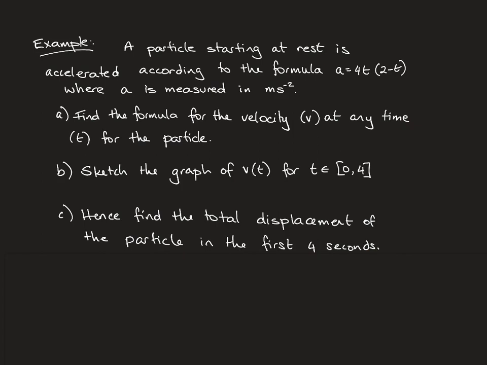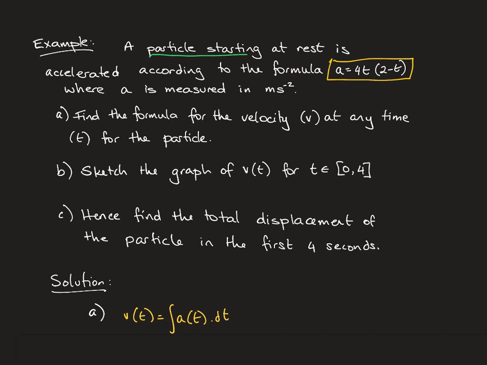The first thing we're asked to do is find the velocity, and we're given the acceleration. We're also told that the particle starts at rest. That will be important. And we're also told that our units are meters per second squared. That will all come in useful in just a minute.